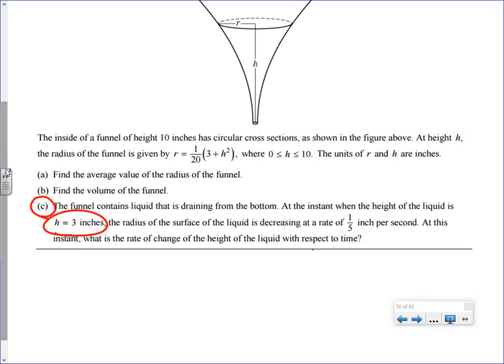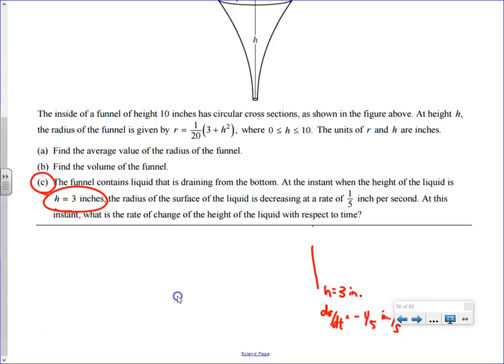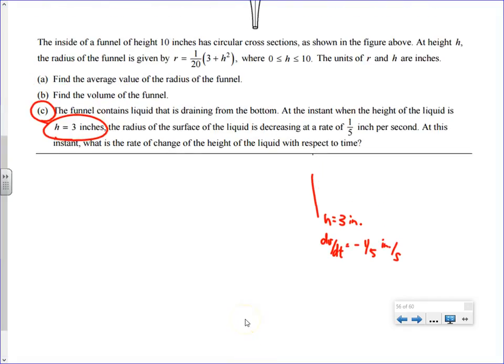The radius of the surface is decreasing, so we have dr/dt equaling negative 1/5 inch per second. They're asking us to find the rate of change of the height of the liquid, so dh/dt.